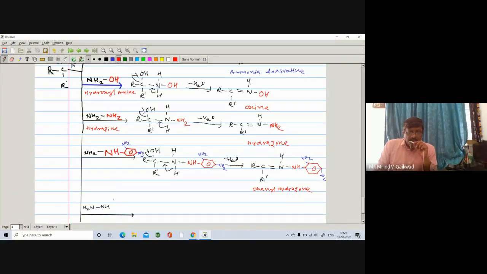So one of the H is replaced by CONH2, CONH2, right? So this NHCONH2 is urea. So one of the hydrogens is replaced by this one. So it is an NH, right? So it is called a semicarbazide.